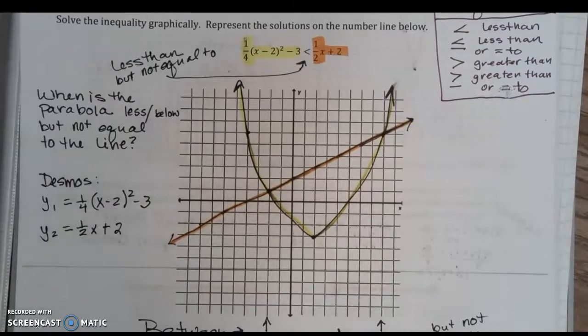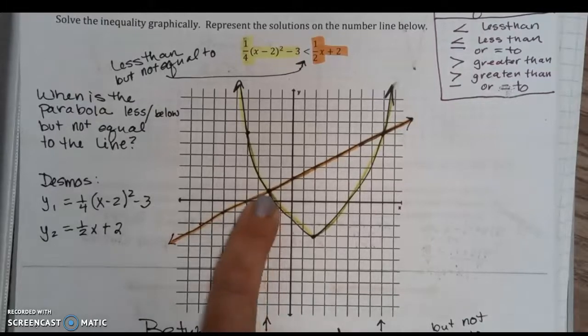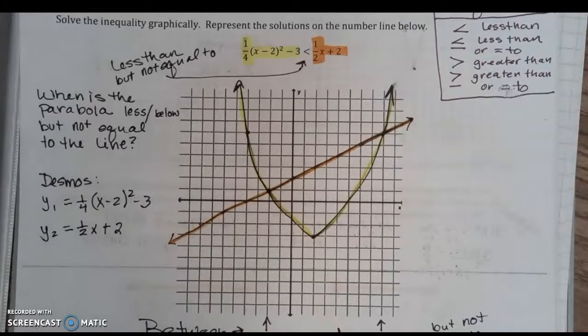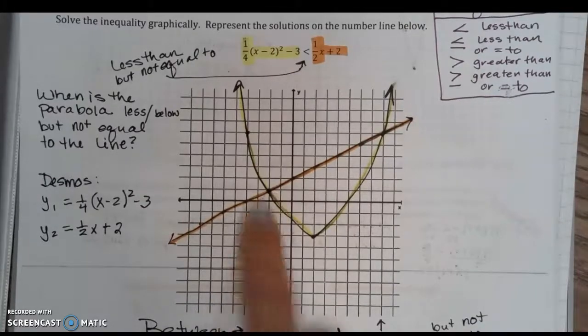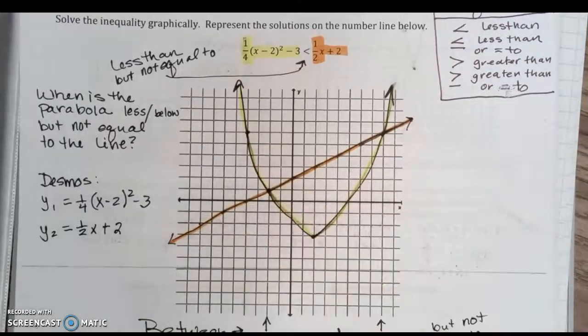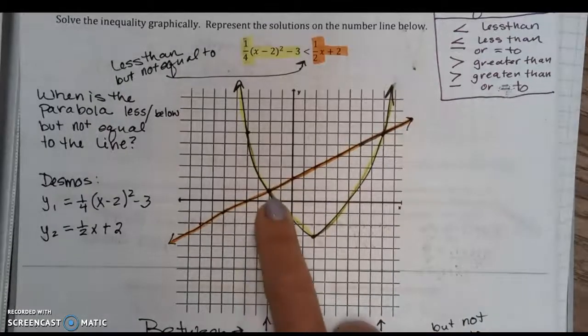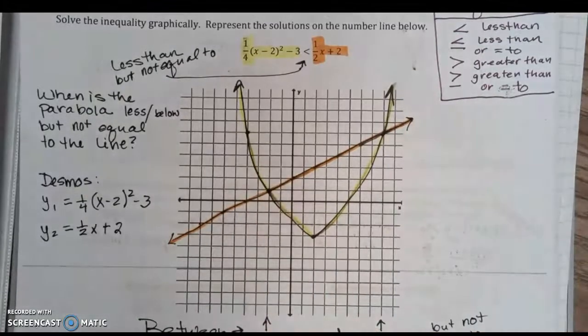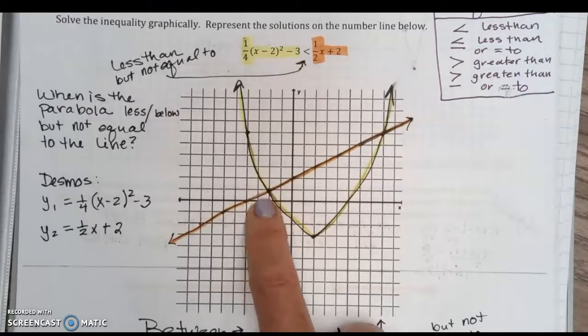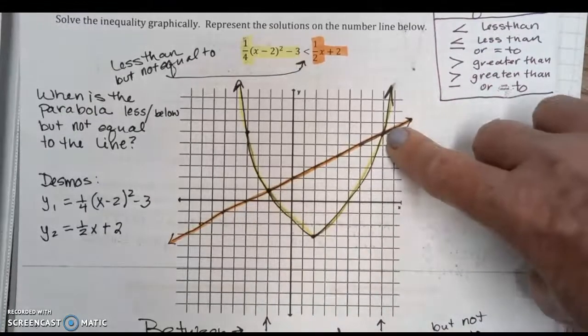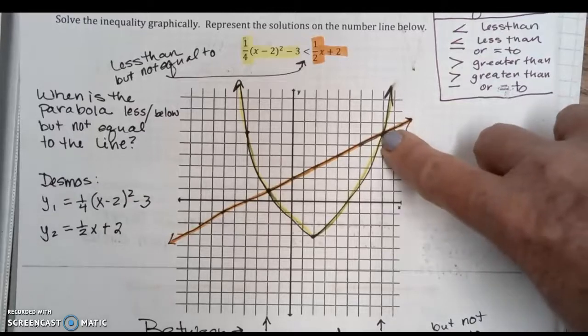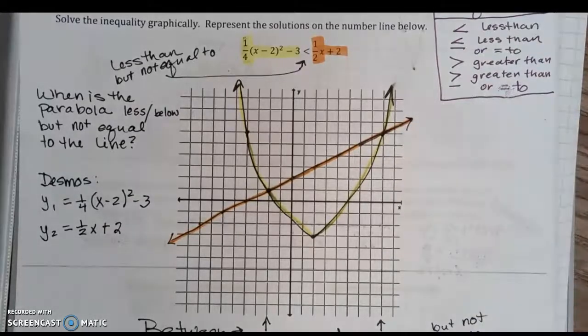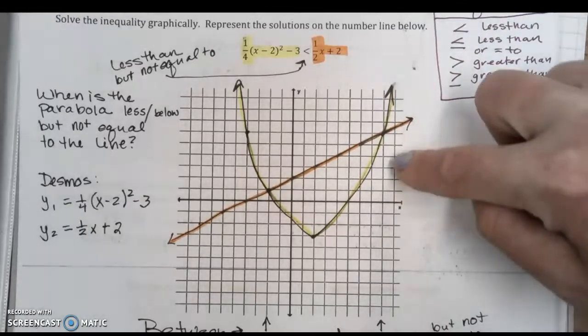Okay, so if you look right here, their intersection is at the line x equals -2. That point right there, if you draw an arrow to it, is at -2, 1. So that point would be -2, 1, and this intersection point would be 8, 6. 1, 2, 3, 4, 5, 6.